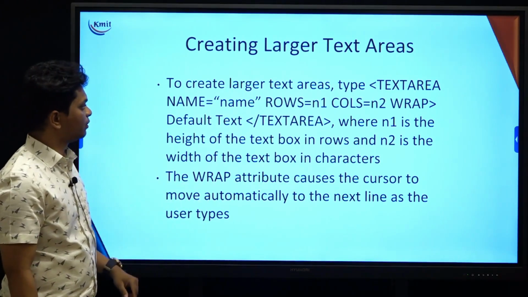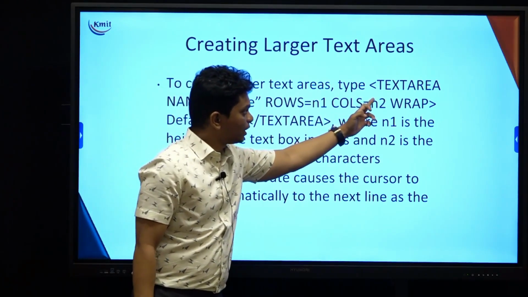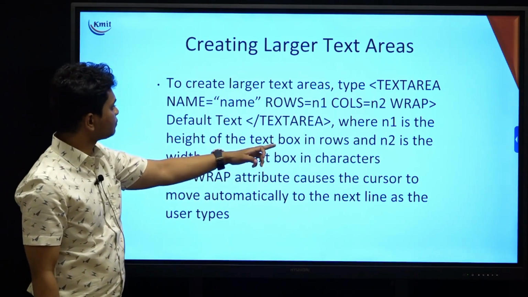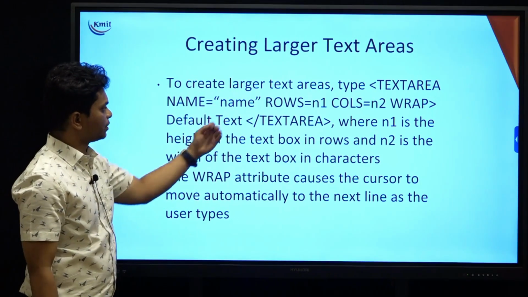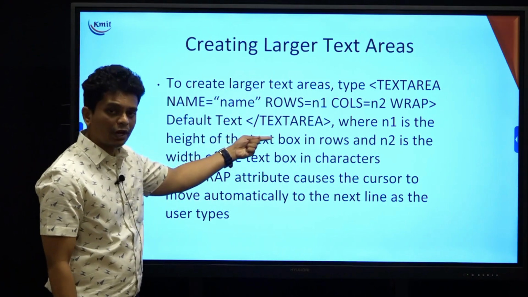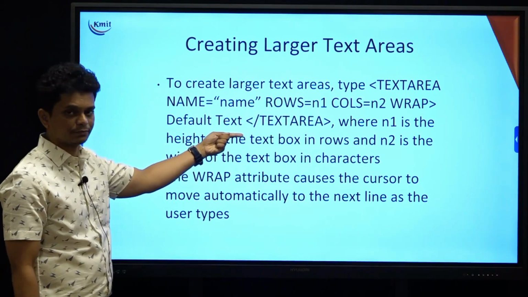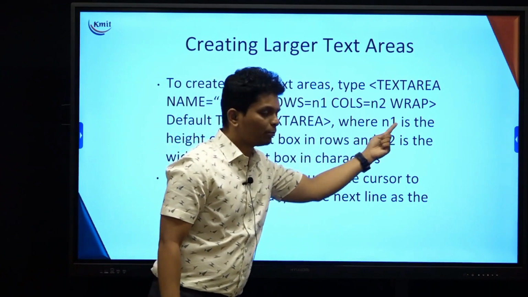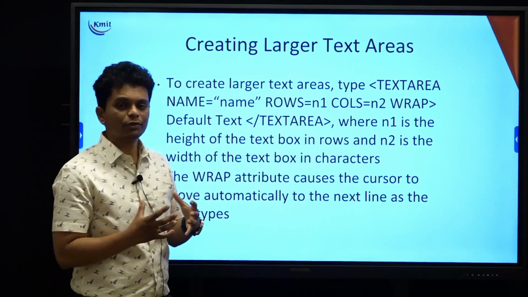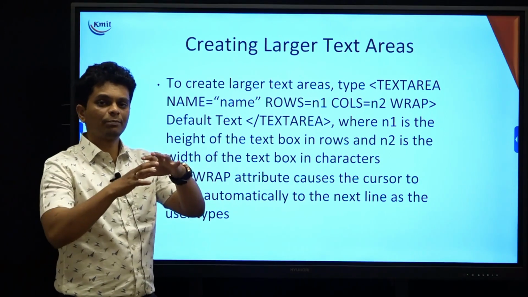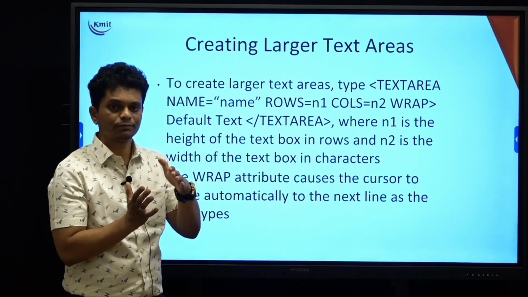So in order to create that, we have a tag called text area for larger text areas, and we also have an option to mention the number of rows and columns. And finally, wrap.